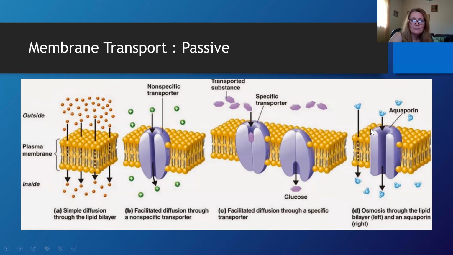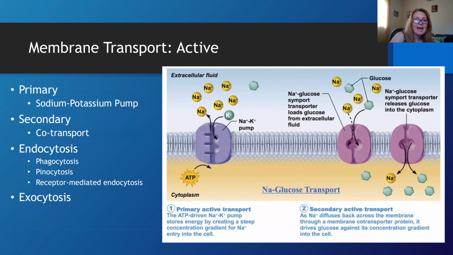And water can pass through a lipid bilayer directly, right? But most of the water molecules pass through the special proteins that we call aquaporins, right? So that's passive transport. Now, if you look at active transport, then we have what we call pumps.